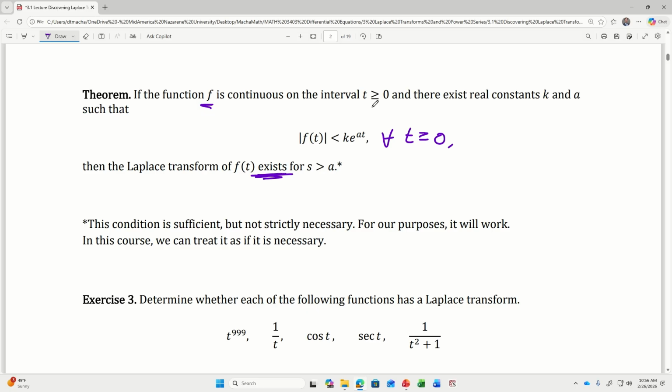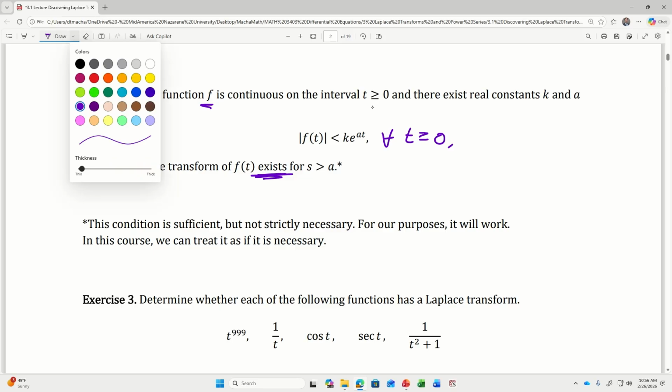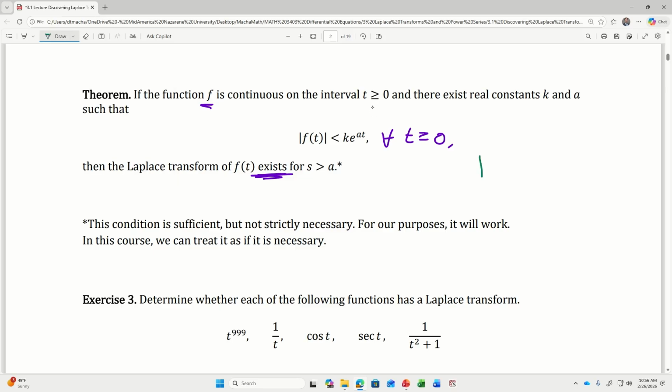Faster than power functions. And when I say faster than power functions, what I'm talking about is that calculus 2 sense of the word, where you take the limit as t approaches infinity of t to the 999 power divided by k e to the at.